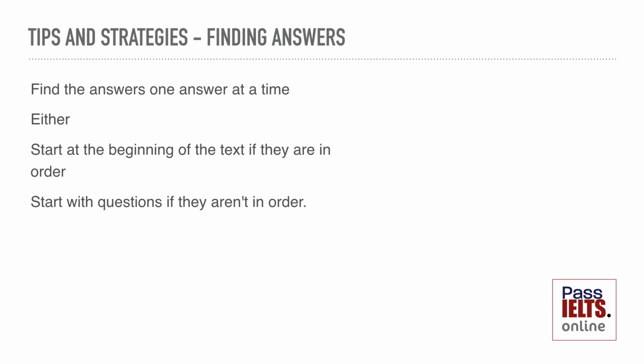In the example A, where the answers are in order, it makes sense to start with question 1, as you will find it in the passage before question 2. Whereas if we look at passage B and imagine we were to start by looking for the answer to question 1, we would have to read the whole text more than once, and so therefore we would be wasting time.